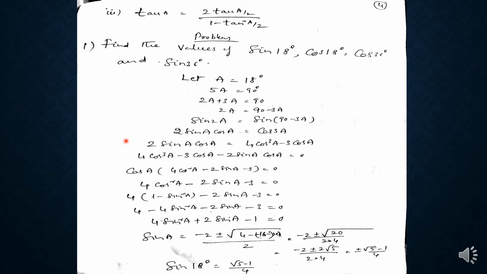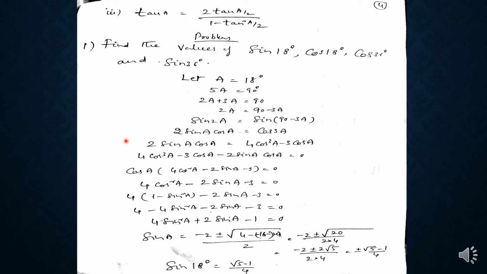In the previous chapter, by using compound angle formulae, we calculated the values of sin 15 degrees, cos 15, tan 15 degrees and also 75 degrees: sin 75, cos 75, tan 75 degrees.